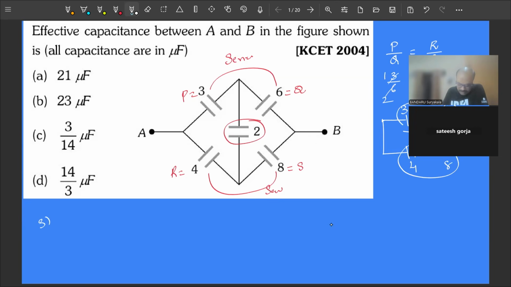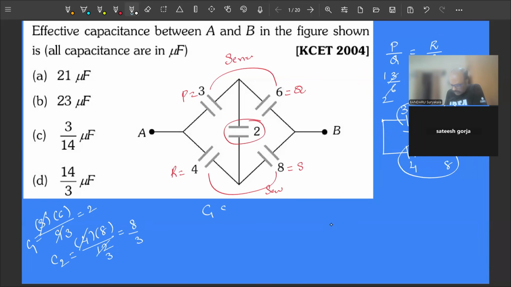3 and 6 in series means we have the formula C1 C2 by C1 plus C2, it becomes 18 by 9, which is 2. I'm taking this as C1. So C2 equals 4 into 8 by 12. 4 ones are 4, 4 threes are 12 (dividing), so it becomes 8 by 3.